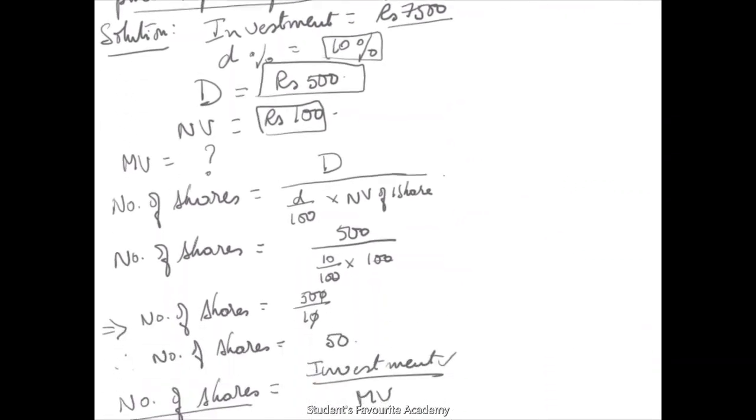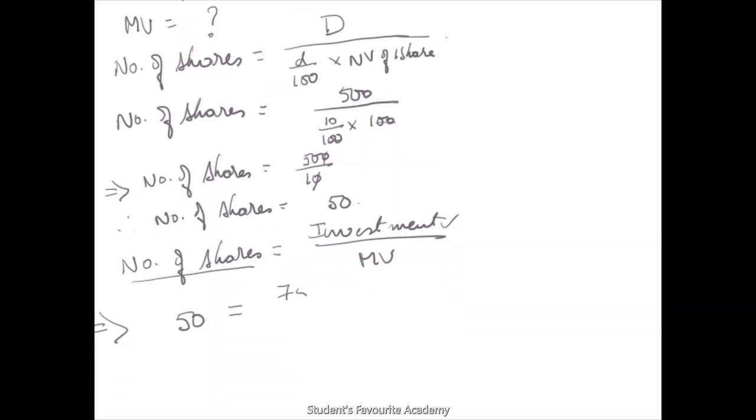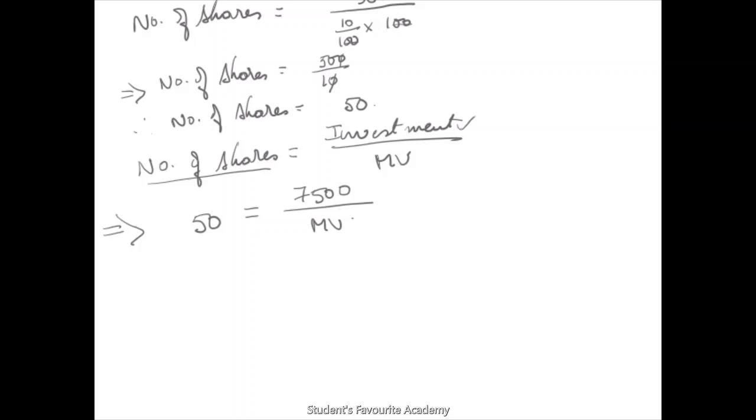Investment is 7,500. So 7,500 upon market value. So implies market value is equal to 7,500 upon 50, isn't it? This will go and this will come here. So 0, 0 cancels, 5 ones are 5, 5 fives are 25, then 0. So market value is rupees 150.